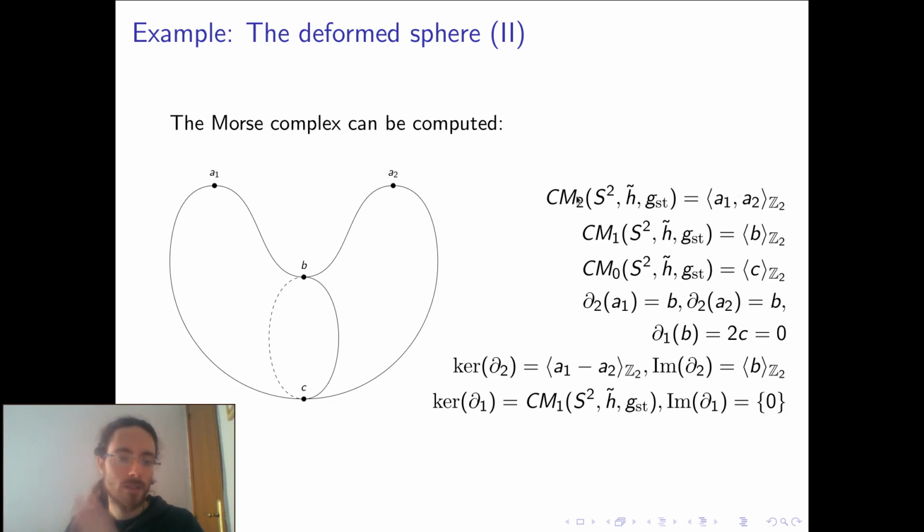So the Morse group of rank 2 is generated by 2 critical points, so is equivalent to Z2 times Z2. The Morse group of index 1, of rank 1, sorry, is equivalent to Z2 only. And in the case of index 0, you have this.